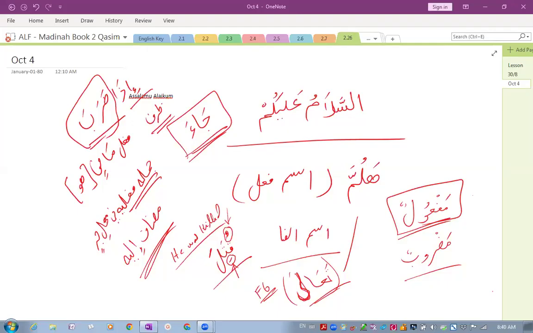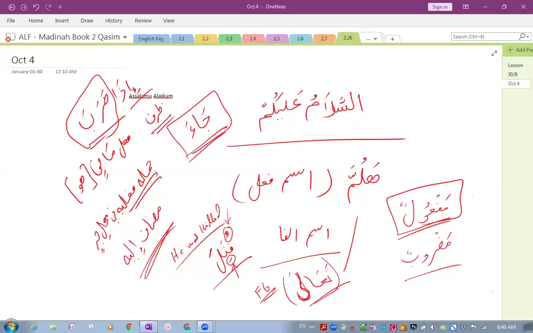So majhul, just remember, is from the verb jahala, which means to not know something, right? Jahil comes from there. Jahil in Urdu has a negative meaning, but in Arabic it means somebody who doesn't know.